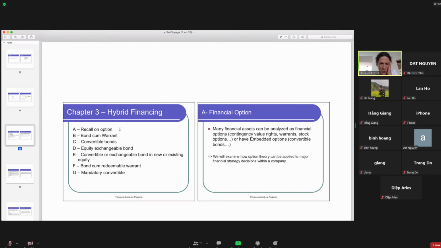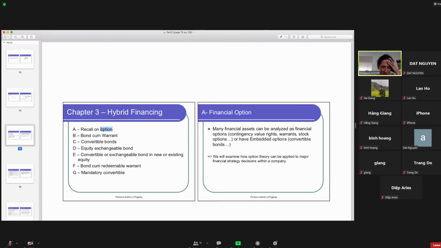It contains options because we have different features in the contract that give the issuer or the investors some options. It may be a call option, a put option, and so on.